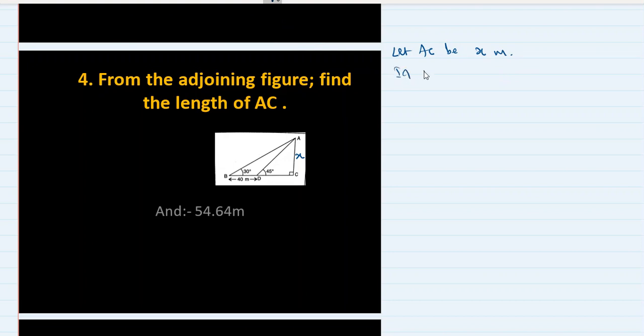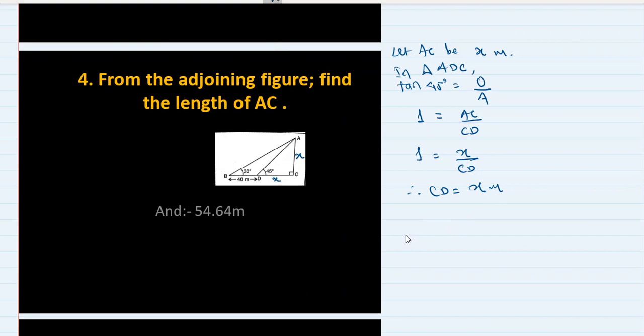So in triangle ADC, tan 45 is equal to opposite upon adjacent. Right? Tan 45 is 1, opposite is AC and adjacent is CD. So 1 is equal to AC, which is X, upon CD, and therefore CD is equal to X meters. So we found that CD is also X meters.